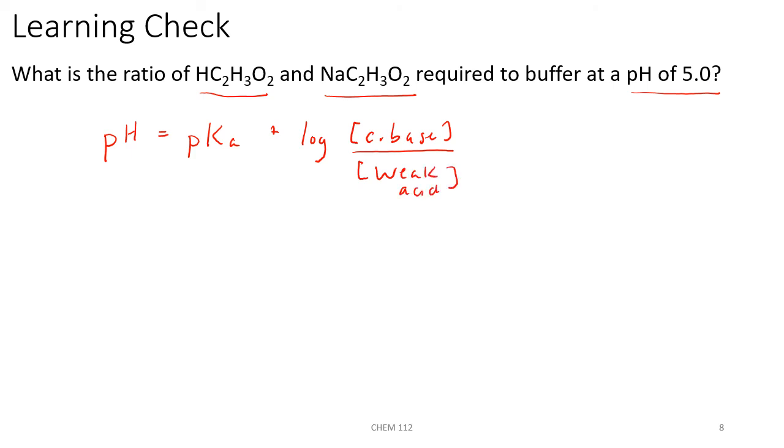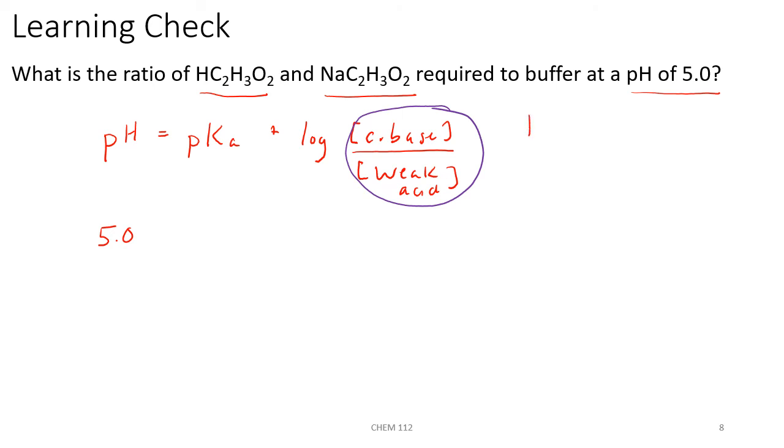Essentially, we're going to want to figure out what that fraction is, the ratio of our conjugate base to our weak acid, if we want to know what the ratio of those has to be. The pH we're told we want to buffer at is 5. And our pKa for our weak acid, we're going to have to calculate.